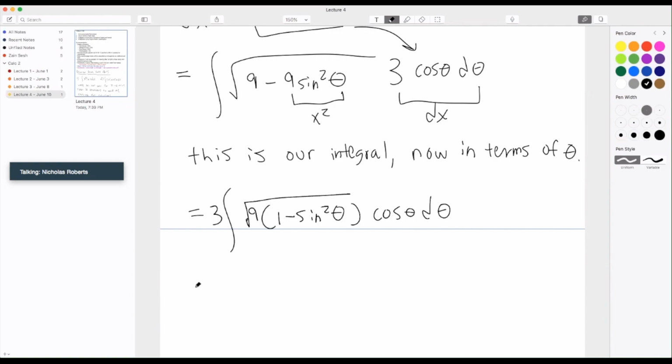Let's be careful now. I can pull this 9 out of the square root, but it doesn't come out as a 9. It will come out as a 3. So that will become 3 times 3. The square root of 9 came out as a 3. I hope everyone's okay with that property of square roots.